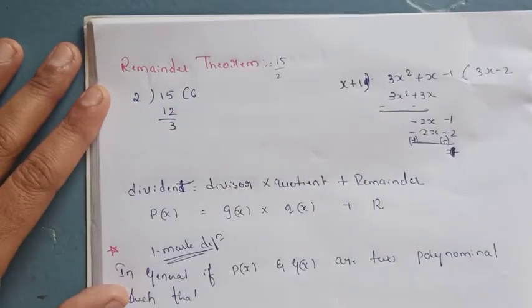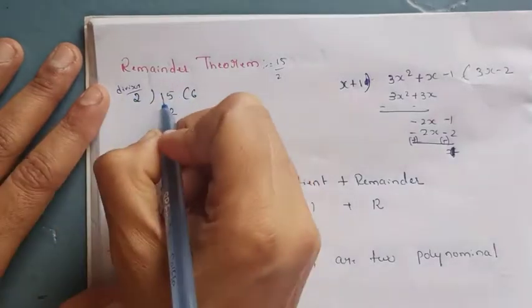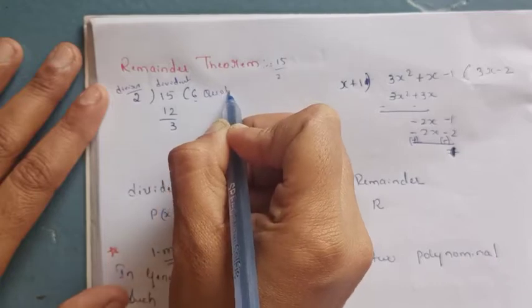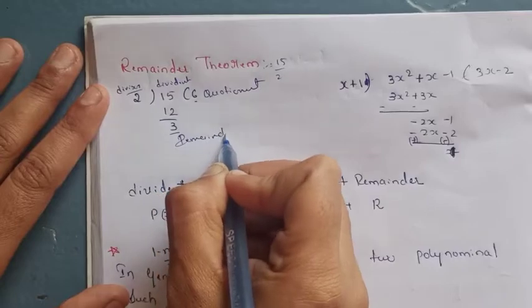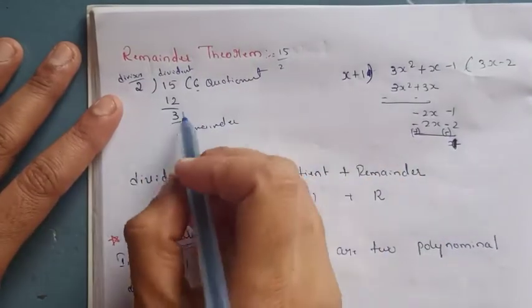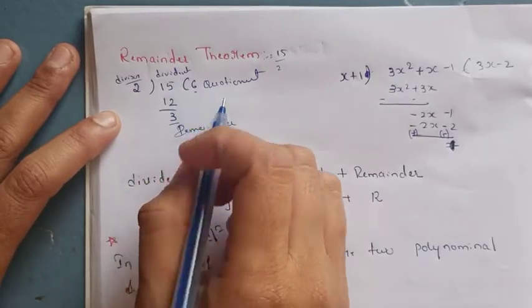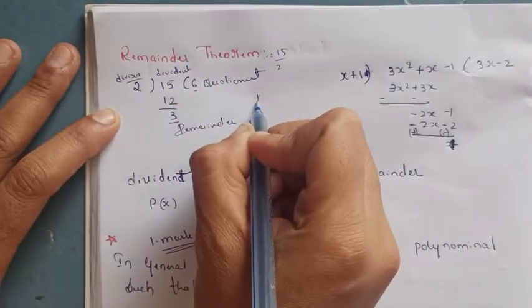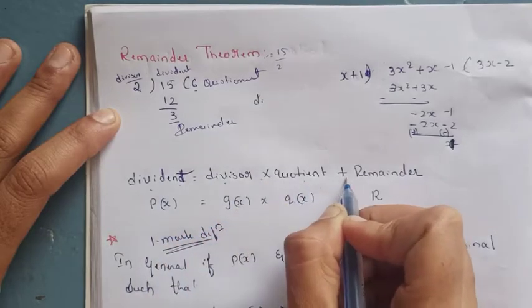Here 2 is called the divisor, 15 is called the dividend, 6 is called the quotient, and 3 is called the remainder. When I ask how to check that this problem is correct, you do this: dividend equals divisor into quotient plus remainder.